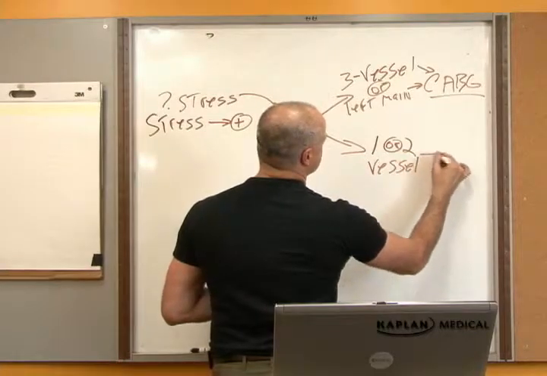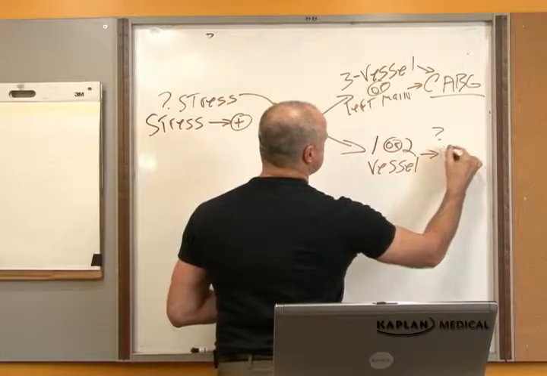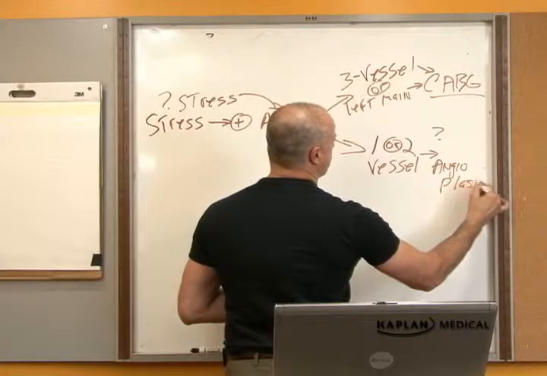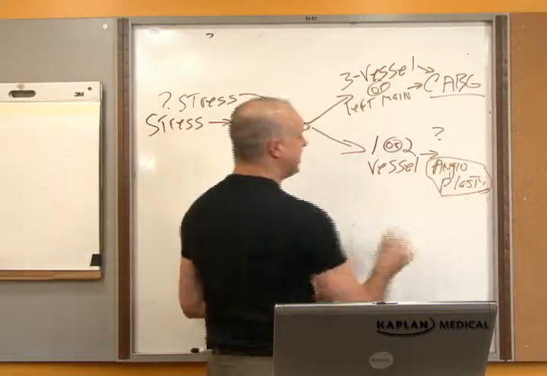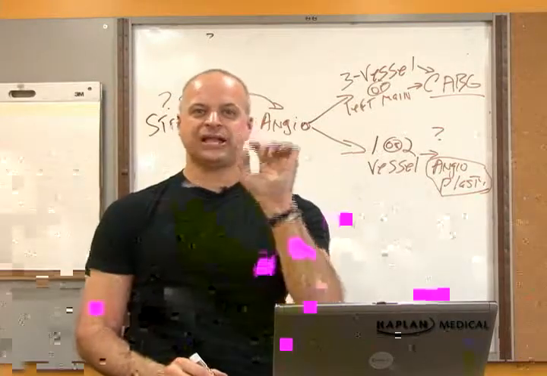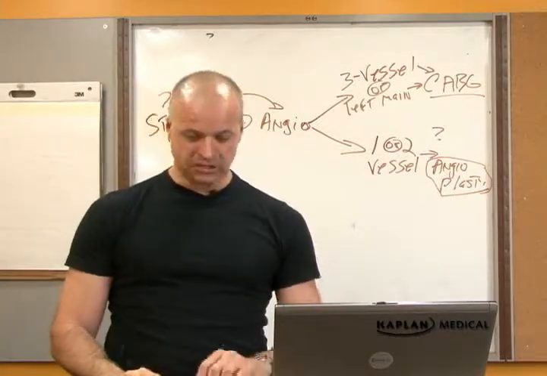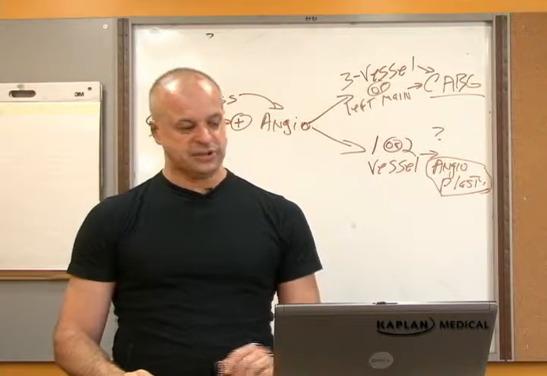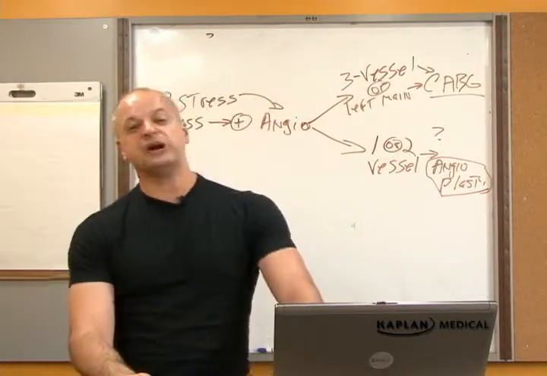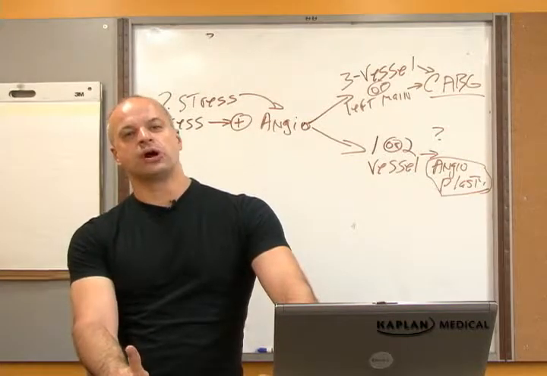I have 1 or 2 vessel disease, and should I do angioplasty? Angioplasty always goes with a stent. I balloon it open, and I keep it open with a stent. That's what the angiogram is for.